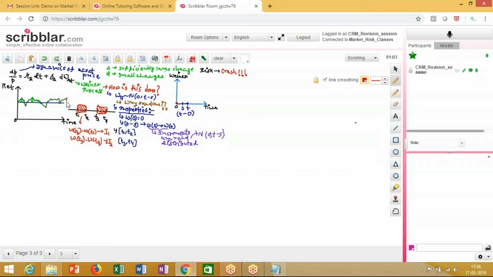In the world of finance, it has often been seen that your return dynamics suddenly crash and go down.